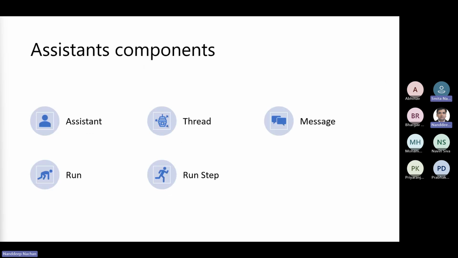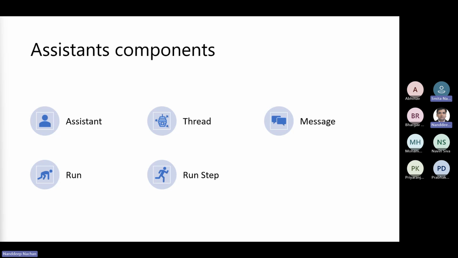The assistant is my custom AI that uses the Azure OpenAI models in conjunction with tools. Threads are conversation sessions between an assistant and a user. Threads store the messages and automatically handle truncation to fit the content into the model's context. A message is created by an assistant or a user, and messages can include text, images and other files.